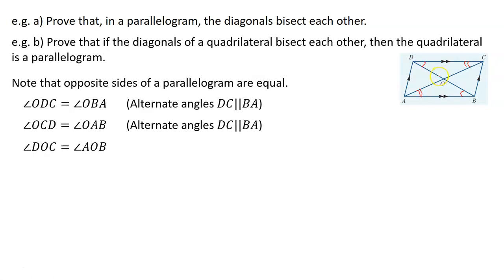I can also say that DOC and AOB are equal. This is because they are vertically opposite. Finally, because I know opposite sides in a parallelogram are equal, I can say that DC is equal to AB.